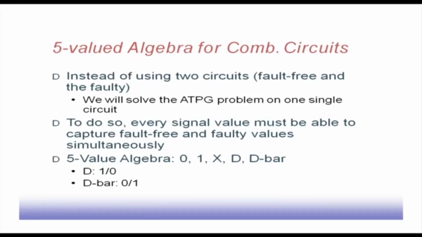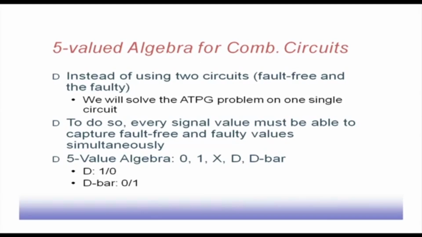Instead of having two different circuits, we will work with only one circuit, and this 5-valued algebra is going to help us do the ATPG procedure without having multiple copies of the circuit. So, a signal value must be able to capture the fault free and faulty value simultaneously. This is the requirement.